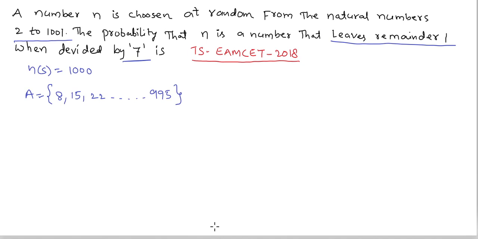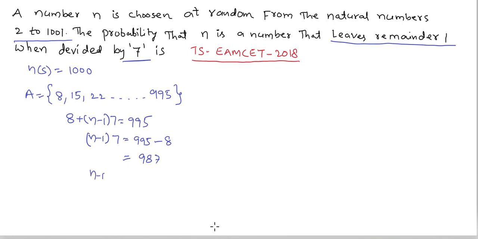So we know that this series is an AP series, that is 8 plus n minus 1 into d. Common difference is 7, that is equal to 995. N minus 1 into 7 is equal to 995 minus 8, which is 987.